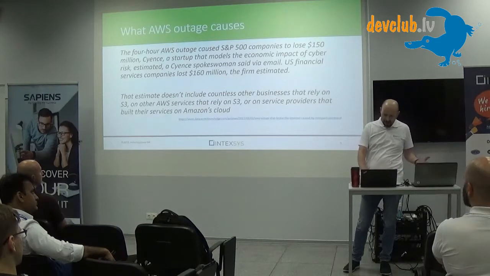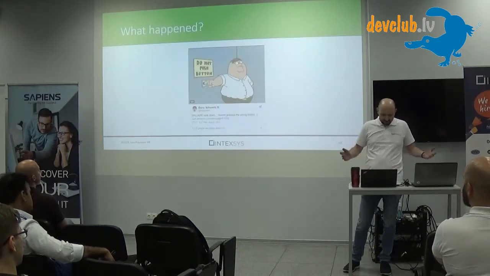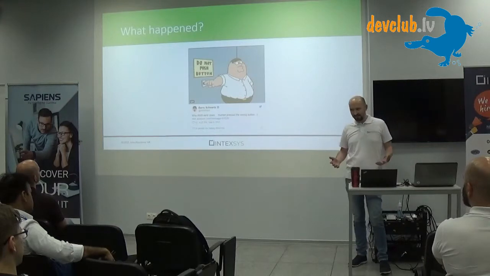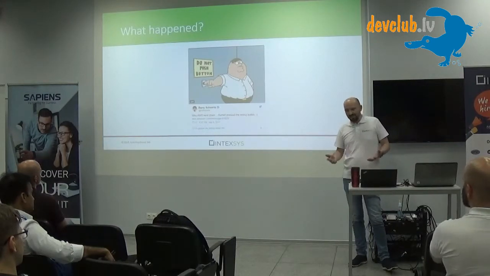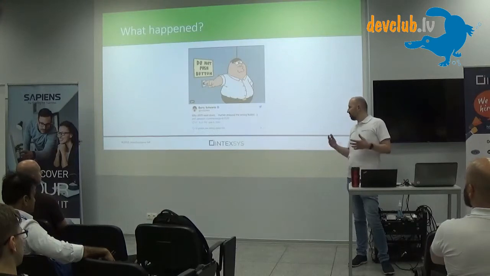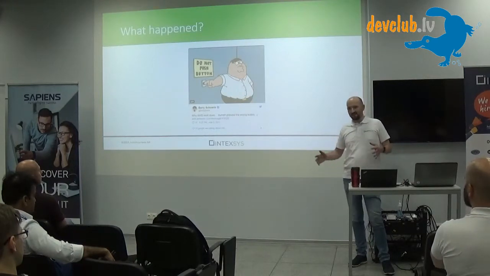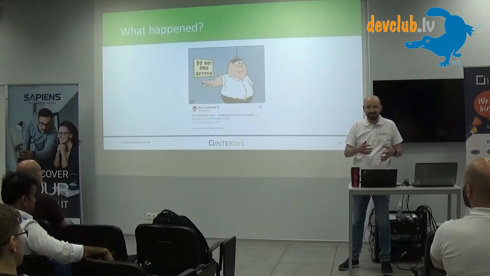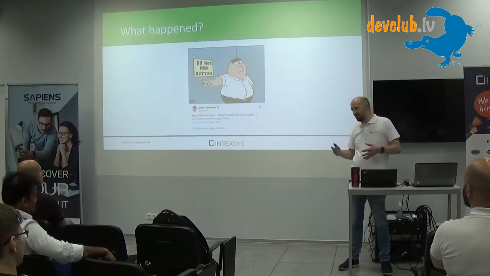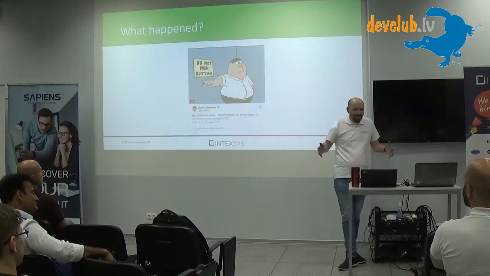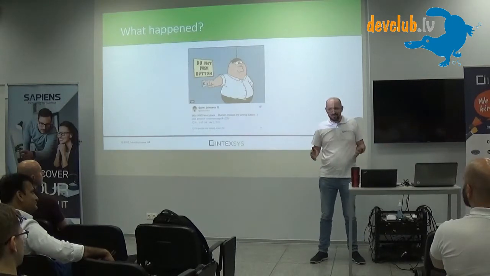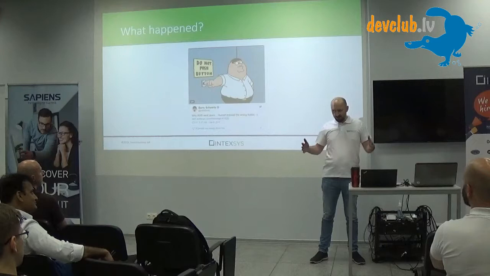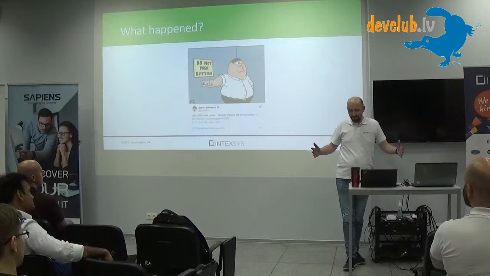But why did it happen? Well, as usual, someone just pushed the wrong button, and Amazon, in fact, admitted it. They said that they had an automation script designed to change the number of nodes in the S3 service. An engineer doing routine maintenance just mistyped, and instead of bringing down 10 nodes, he brought down something like 1,000 nodes, and it caused a chain reaction because the system was designed well to handle an outage of 10 nodes, but not 1,000.